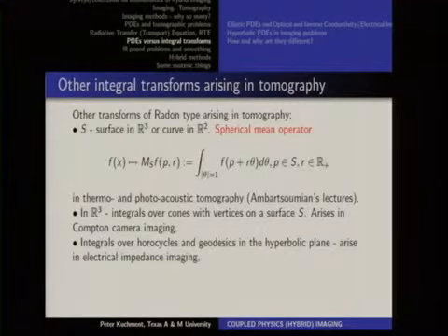Well, it arises in electrical impedance imaging. It's funny that in electrical impedance imaging, it's not a linear problem, but when you linearize it, you will see that there is a composition of two operators. One of them is just the Radon transform, except that it's non-Euclidean, it's hyperbolic.